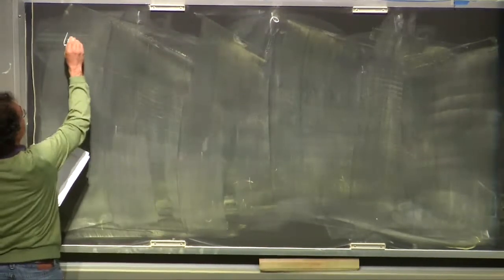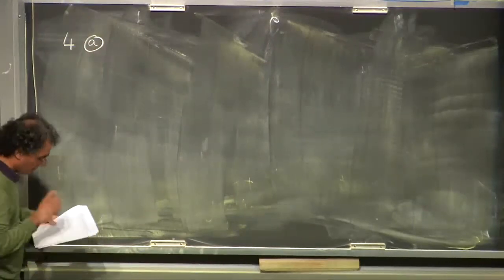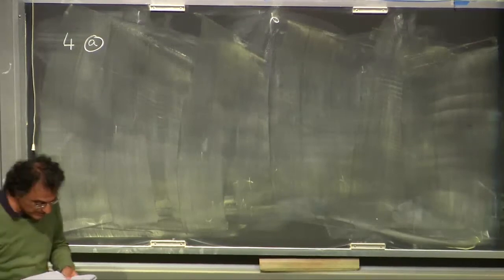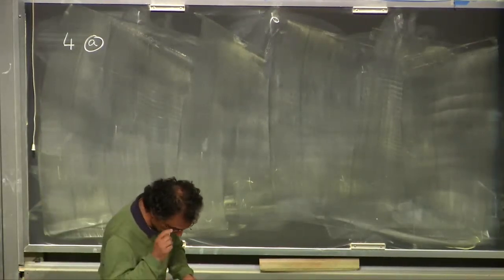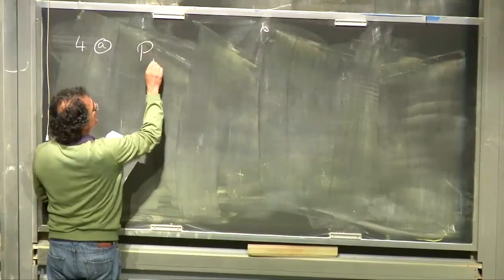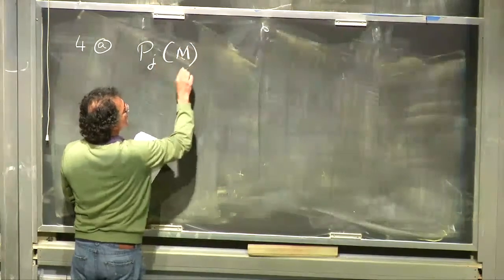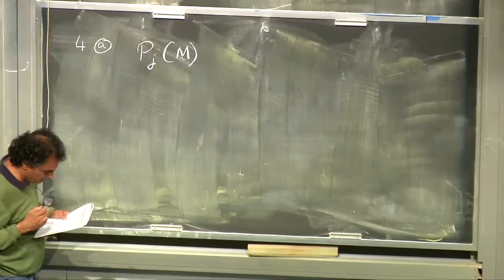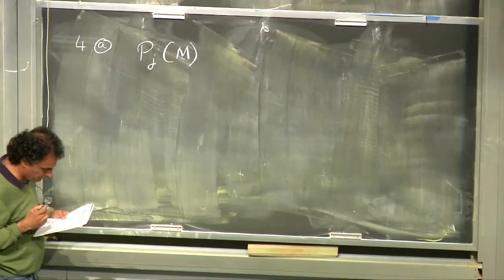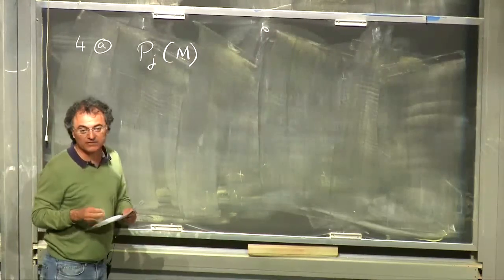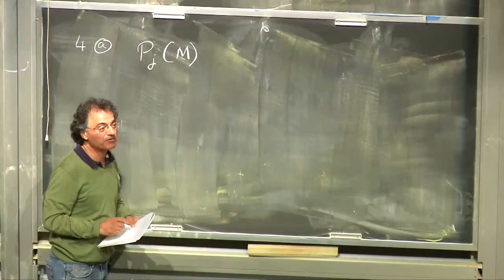So for part A, which was worth the majority of the points on that problem, what it said was, let P sub j of M be the rank of the woman that M proposes to, right?